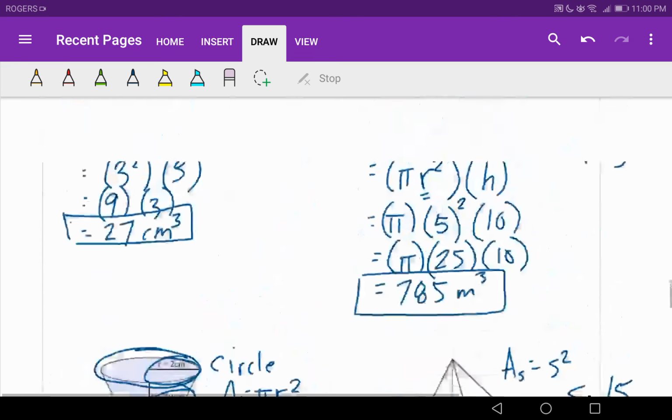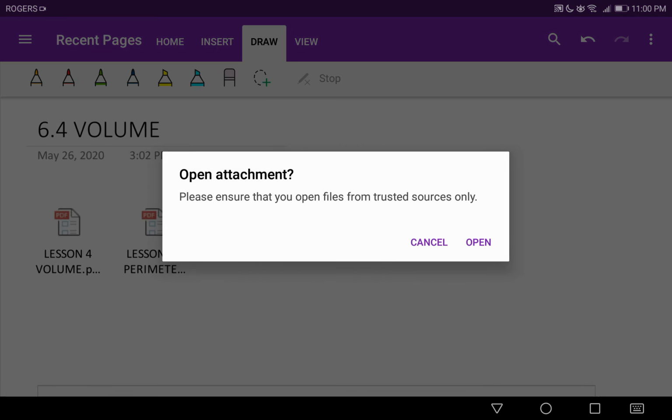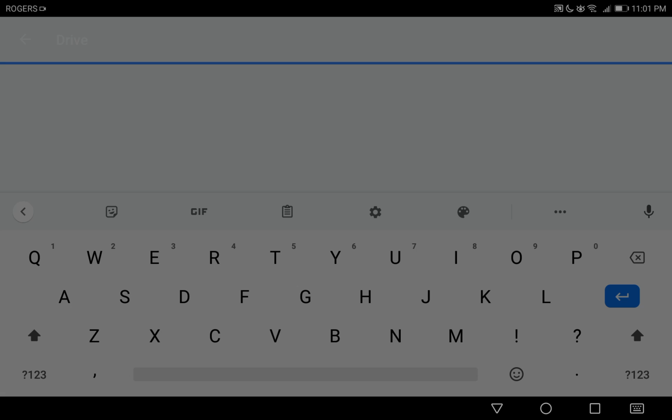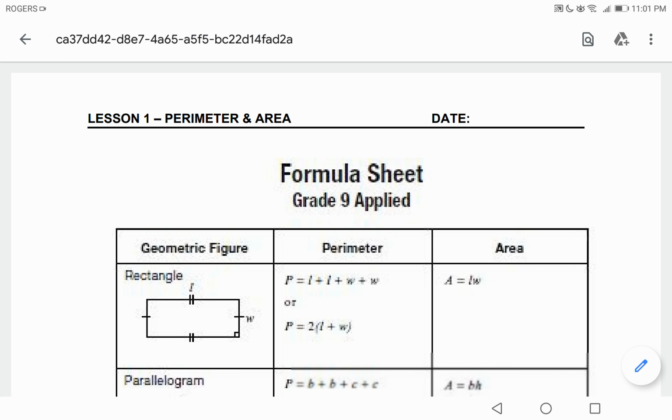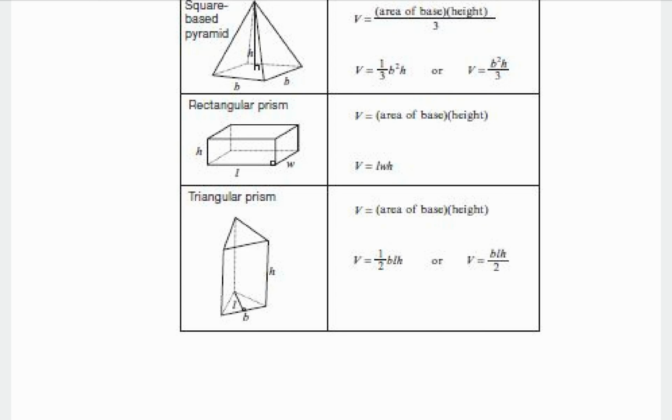So I think the best thing to do is let's go to your formula sheet and just make sure that we're comfortable looking at that. Okay, so here it is. You can see in the formula sheet it uses all kinds of different letters. Instead of using H, which is probably a good idea, they use the letter L instead of H. So for that triangular base, instead of base times height divided by 2, they do base times L divided by 2.